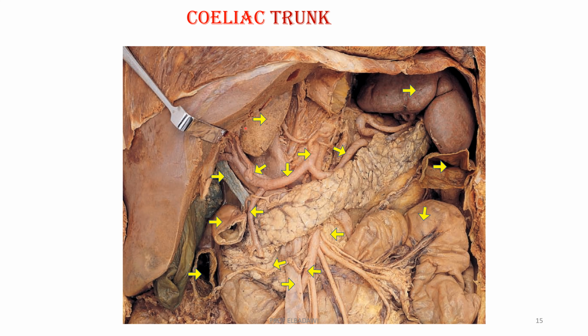Let's have an overview of all the structures seen in that cadaveric specimen, together with the celiac trunk, which you have seen, giving the left gastric, the splenic, and the common hepatic. Branch of the common hepatic, the gastroduodenal, which is anterior to the neck of the pancreas.